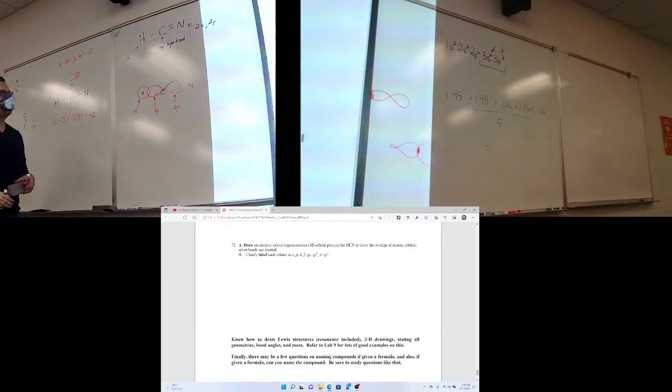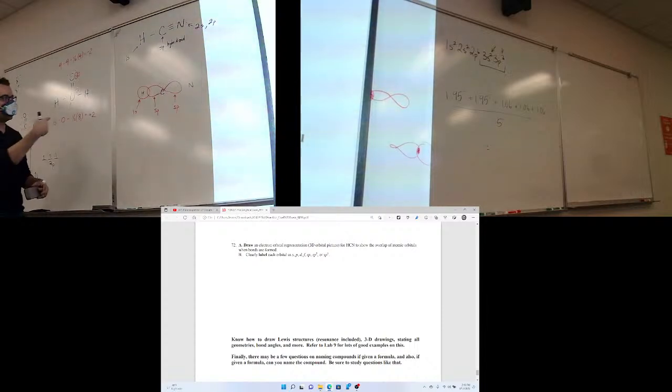And what does the nitrogen have? Well, it's got the s's and the p's. Most likely, it's going to use one of the p orbitals to do bonding. Remember that nitrogen's electron configuration is 2s, 2p, with 1, 2, 3, 4, 5 electrons. So it's going to try to bond with one of the p orbitals first.